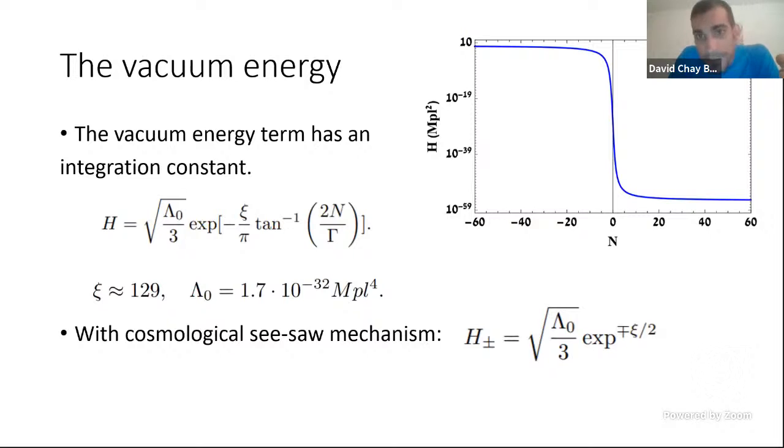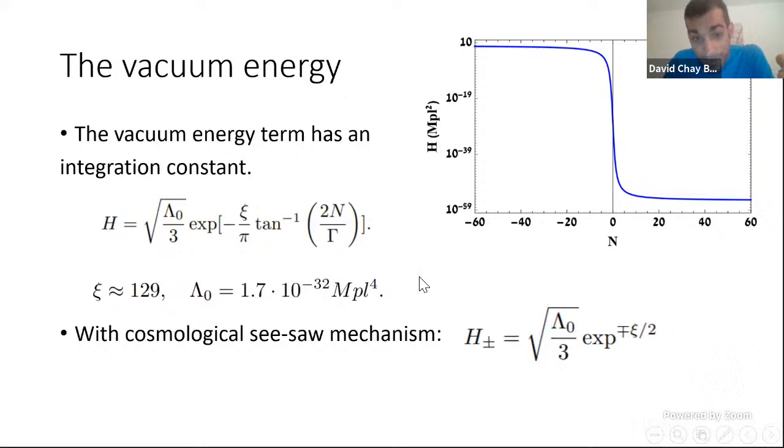Now, if we have epsilon, we can find what the Hubble parameter should be. This is only the Hubble parameter for the vacuum, without the particles that you have to add by some generation or analysis by itself. So the Hubble parameter gets an integration constant, as you see. This is lambda 0, an integration constant that you get when you integrate over epsilon.